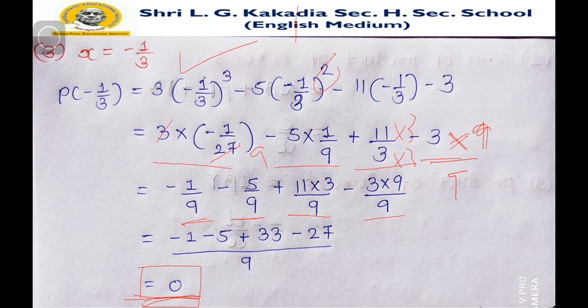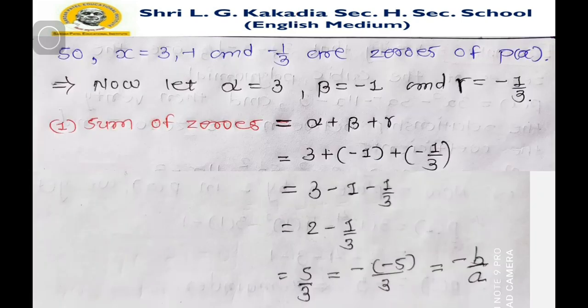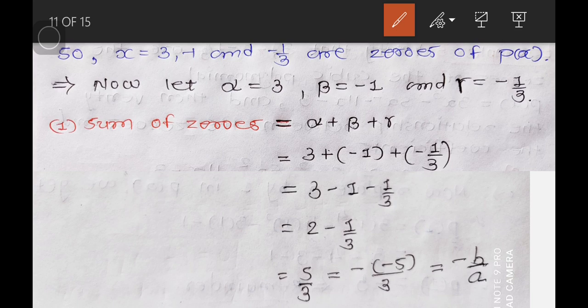Now let us verify the relationship between zeros and coefficients. So x is equal to 3, minus 1 and minus 1 over 3 are zeros of p of x, that we have verified. Now let alpha is equal to 3, as we assume that alpha is a zero of p of x, beta is a zero of p of x, and gamma is a zero of the polynomial.